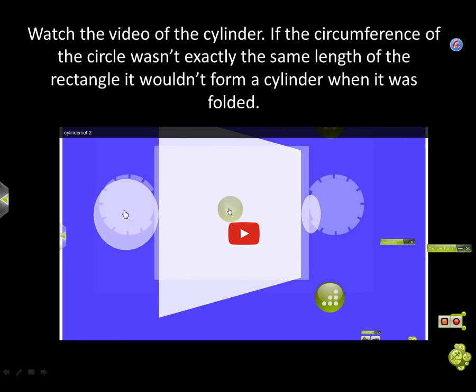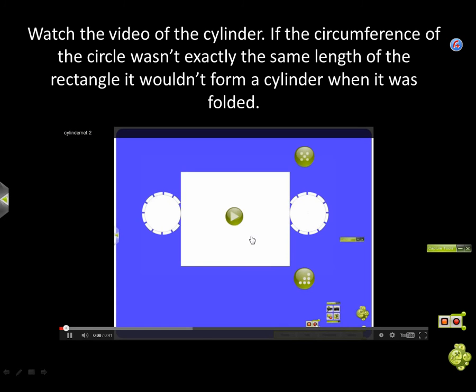Now look at this. The length of this line that we're missing right here is exactly the same length as the circumference of this circle. Because if it wasn't, when we folded it up, it wouldn't make a cylinder. So let's watch it fold up a couple times.